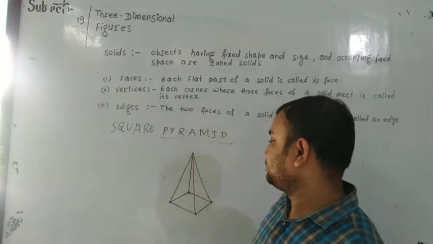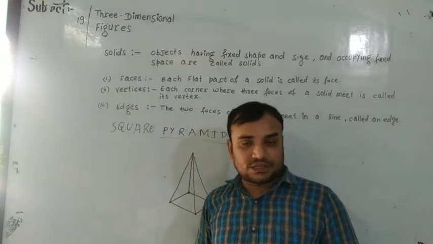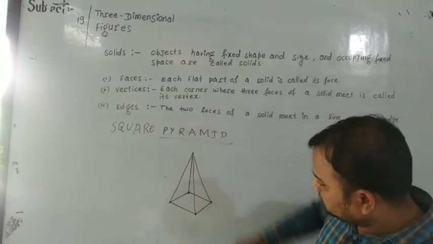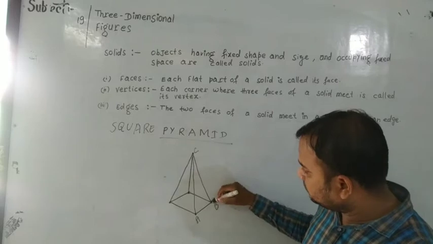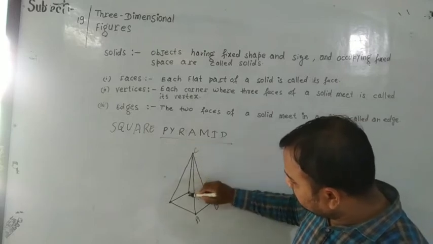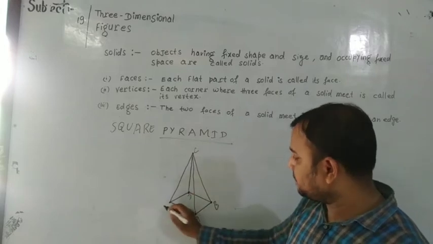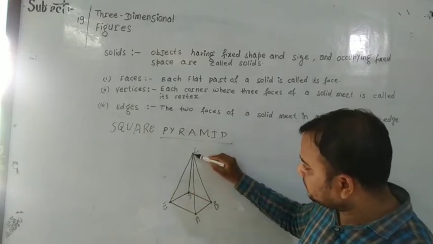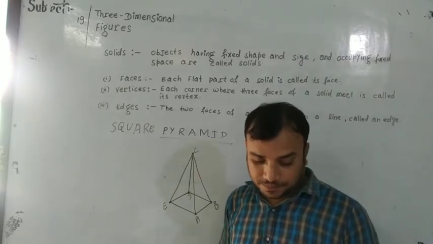Now, dear students, how many faces? There are 5 faces: A, B, C is one face, B, C, D another face, C, A, E, and C, D, E. There are 5 faces in the pyramid.